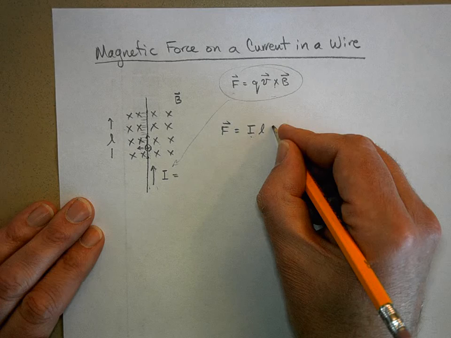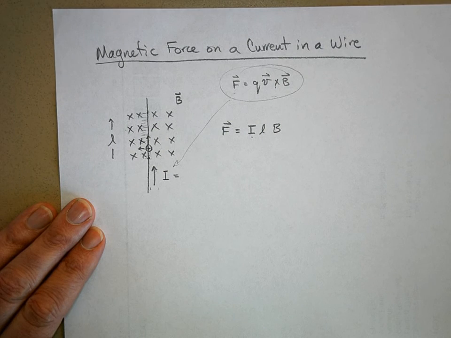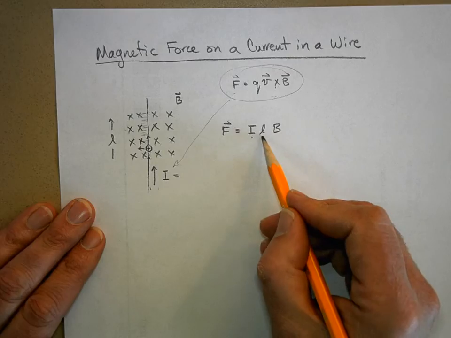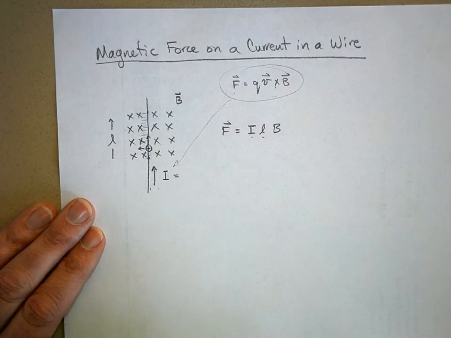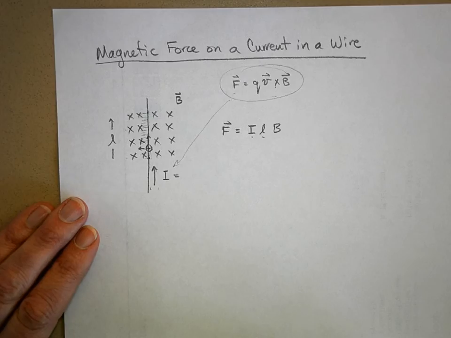And then the strength of the magnetic field. Now this L right here is a displacement. It is a vector. Current is not a vector. It kind of looks like it ought to be. There is a displacement of charged particles involved. But current is just a measure.